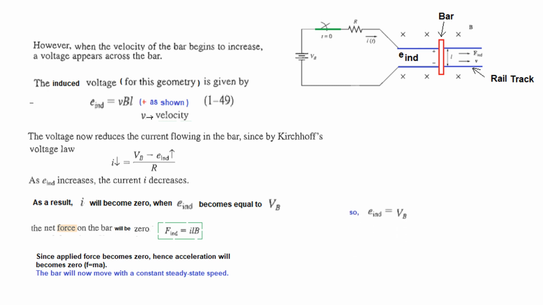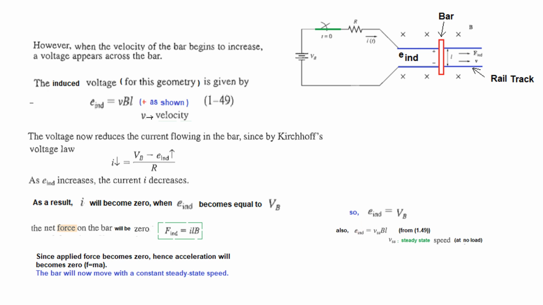So let's now recap. E induced is equal to V_B at steady state, and also E induced is equal to velocity times B times L. Now we have added a suffix SS, which means steady state, so the speed at steady state is V_SS, and these two are equal.